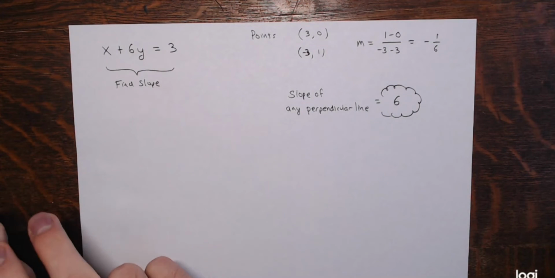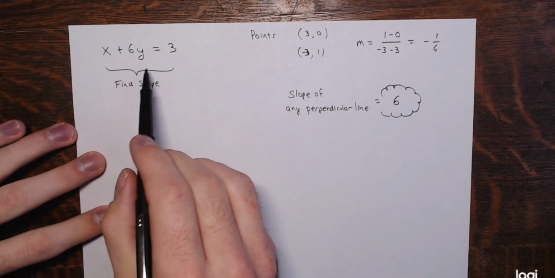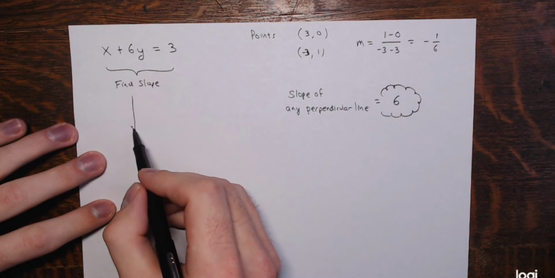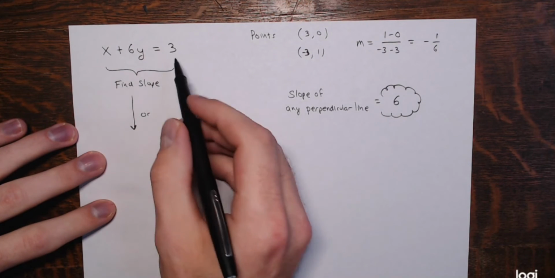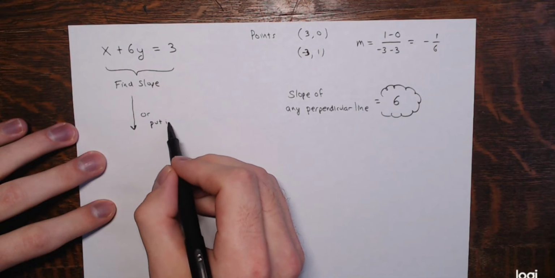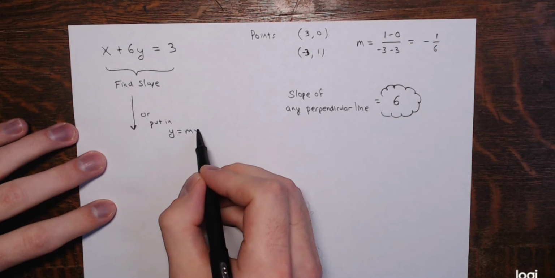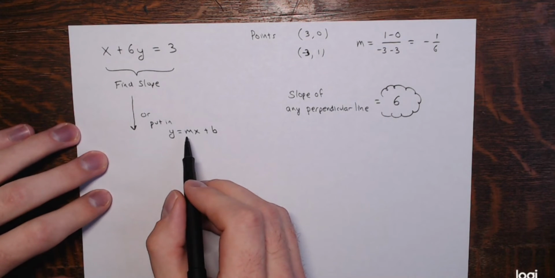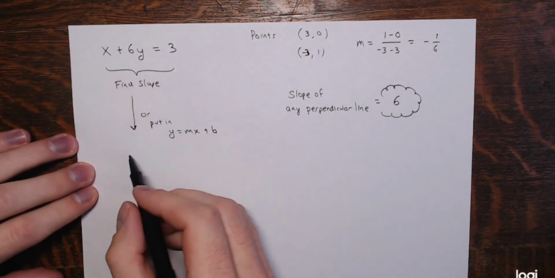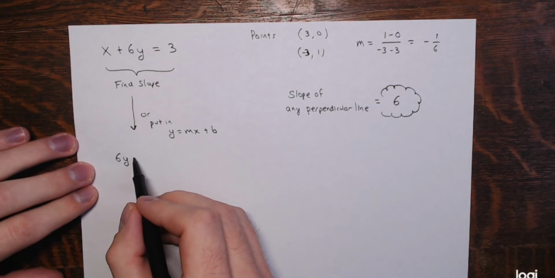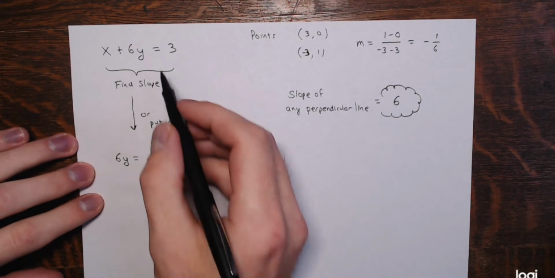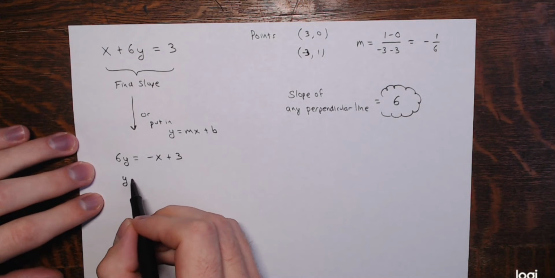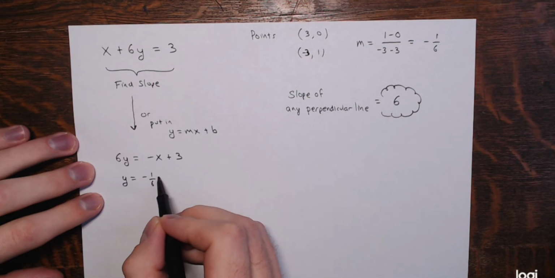Now, another way you could have done the slope here, instead of finding 2 points and then using the slope formula, you could also just put this in slope-intercept form. y equals mx plus b. And remember that the coefficient of x will be the slope of the line. So here I would solve for y to get slope-intercept form. 6y equals -x plus 3, and then I divide everything by 6. y equals -1/6 x plus 1/2.